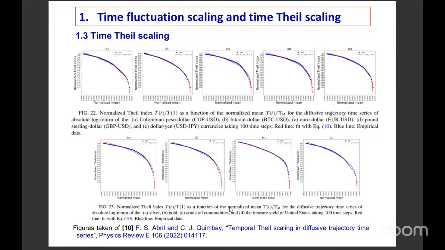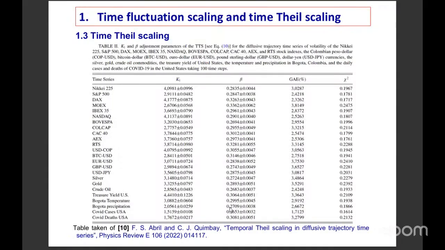Here is the case of the absolute log returns in both cases. And here we present for different time series the values of beta, the exponent of the time tail scaling, and the constant of the relation.